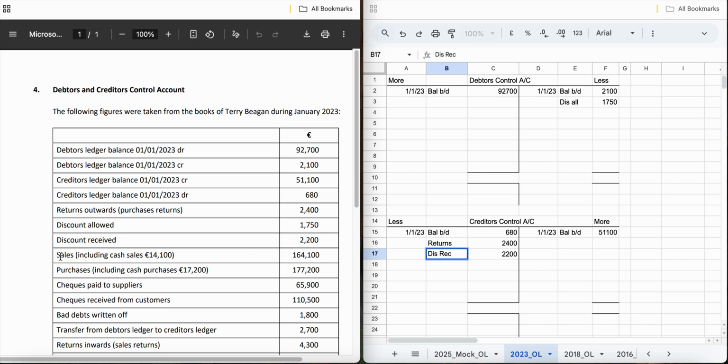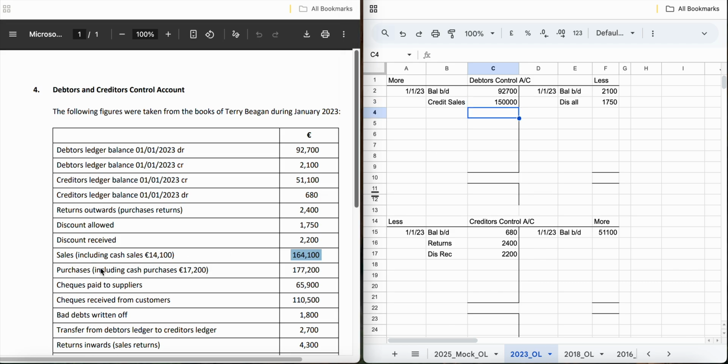The next one, sales including cash sales, 164,100. So if you sold 164,100, but they've already given you 14,100, that means they owe you the difference. They owe you 150 grand. Sales always goes with debtors. So credit sales 150,000, they owe you more.